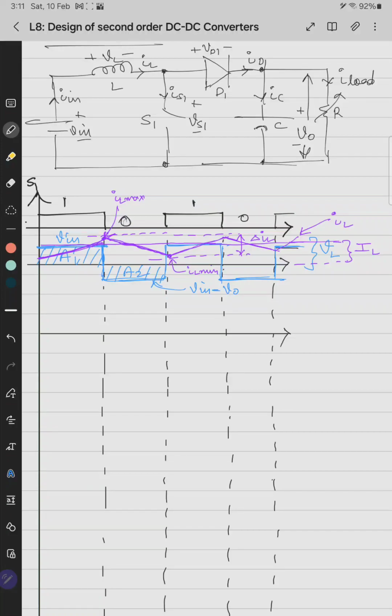When the switch is off, the diode is forward biased. So what will be the voltage across the switch? It will be plus V0 because the diode is forward biased. It will be 0 and V0.